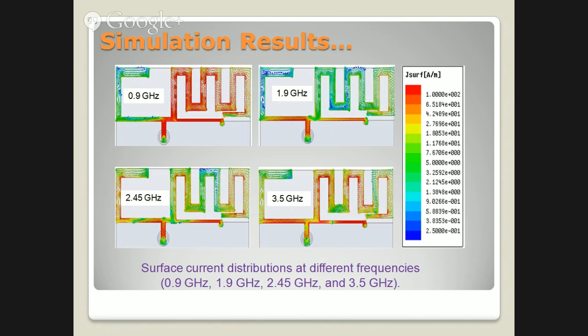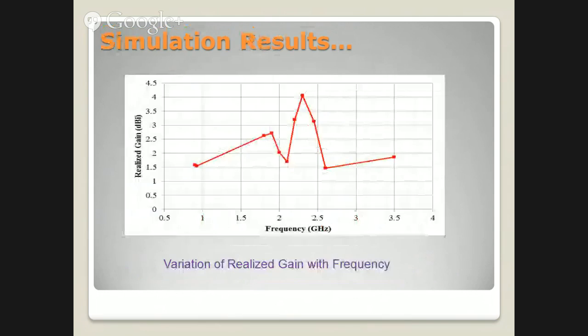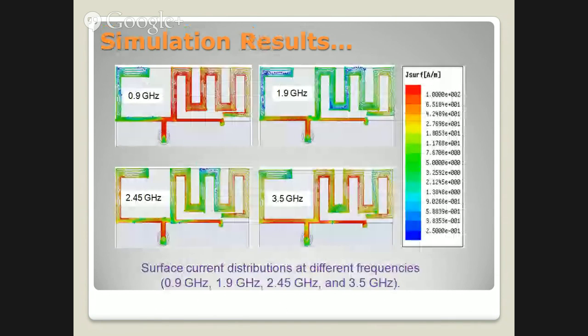This is responsible for more current radiation from this portion, and also at 1.9 the current distribution radiates from this portion. So 0.9 gigahertz is designed for this structure, and also 2.45 gigahertz and 3.5 gigahertz frequencies.